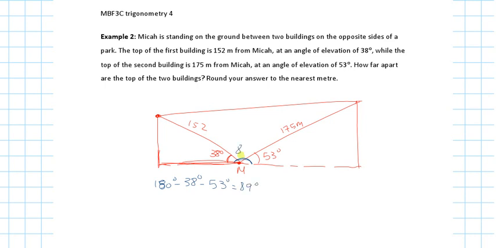Now, if you look here, you have this big triangle. What kind of triangle is this? Oblique. And I know two sides and what angle? The contained angle. And I'm looking for this side.